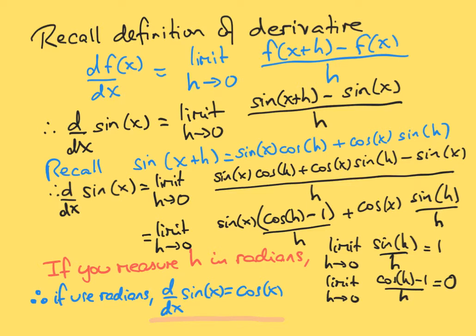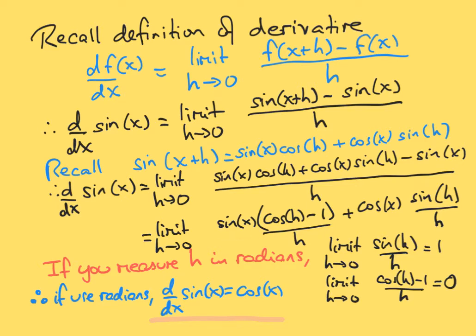Now, the key result is if you measure h in radians, and we're going to show this over the next couple of slides, the limit here approaches 1. So this goes to 1. So we're going to get cosine of x times 1, so cosine of x, and the limit for this is going to vanish. So this term will vanish.